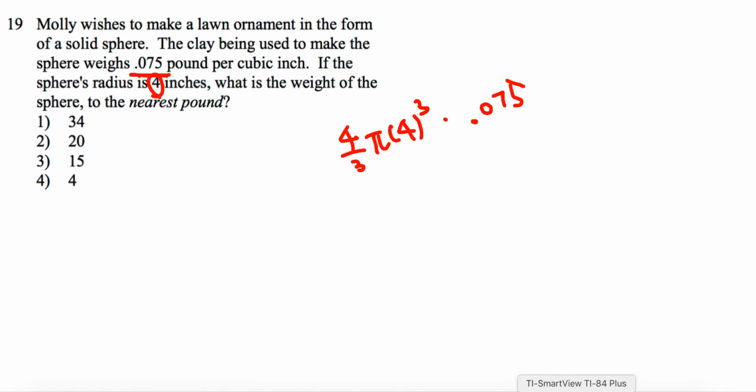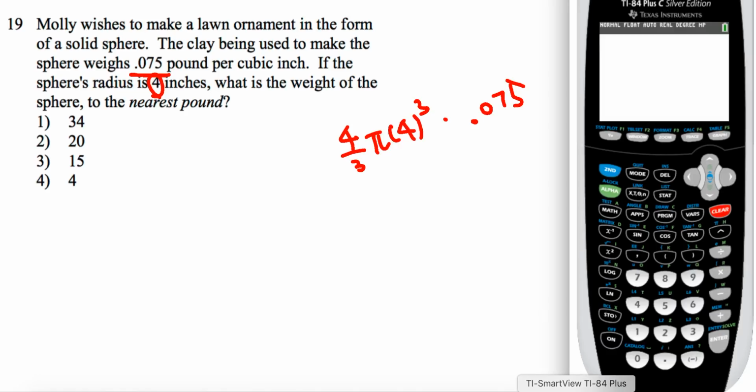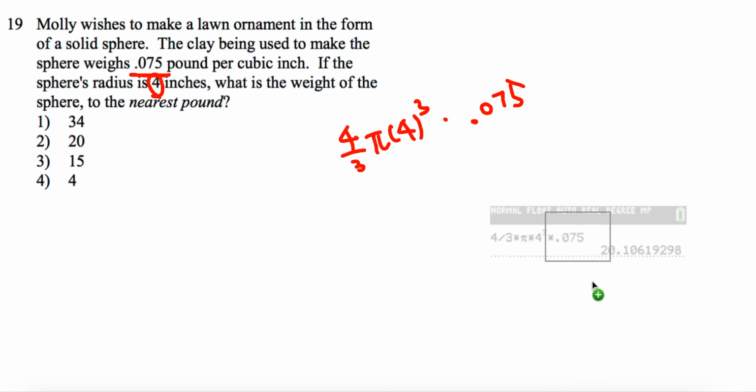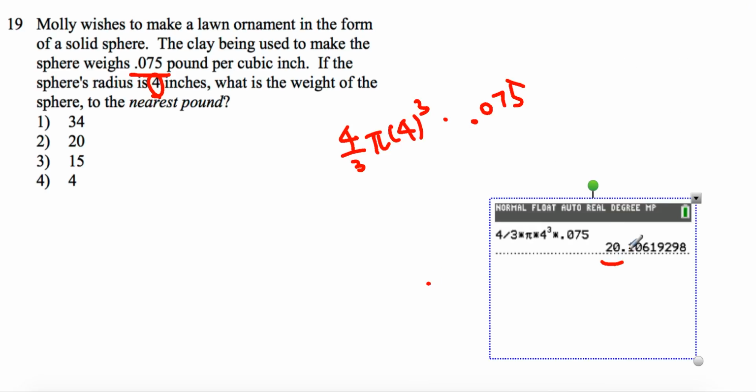Putting that into the calculator, we get 4 divided by 3 times pi times 4 to the third power times 0.075. Once we have done that, the answer is closest to 20.